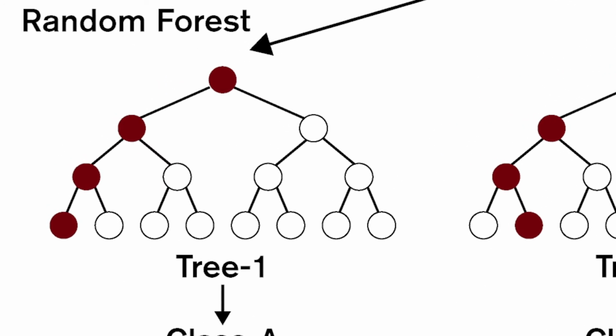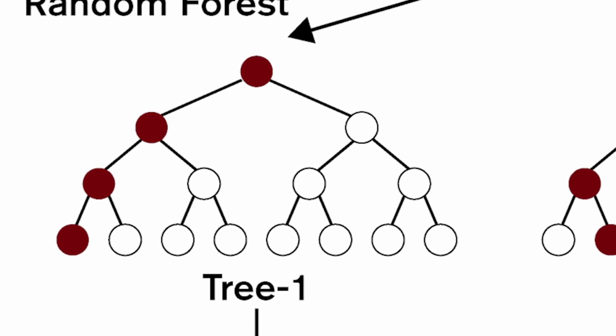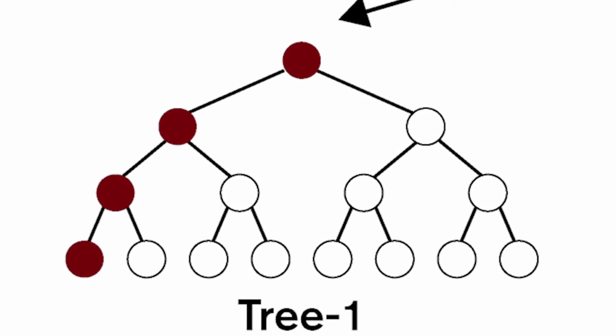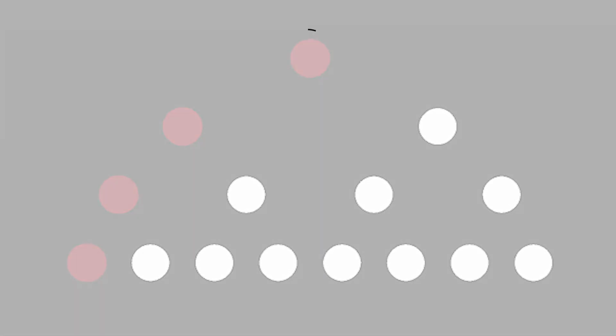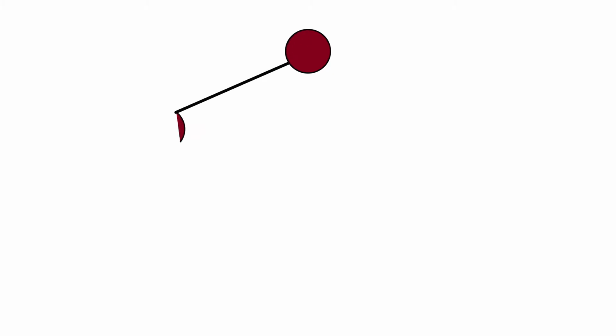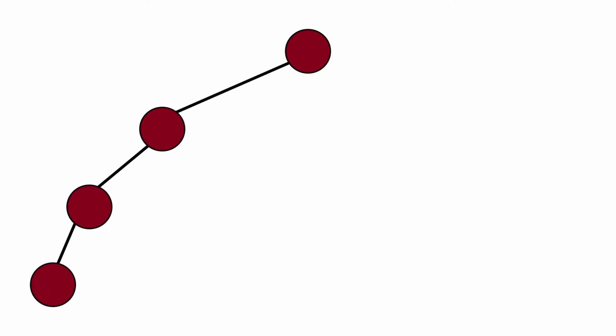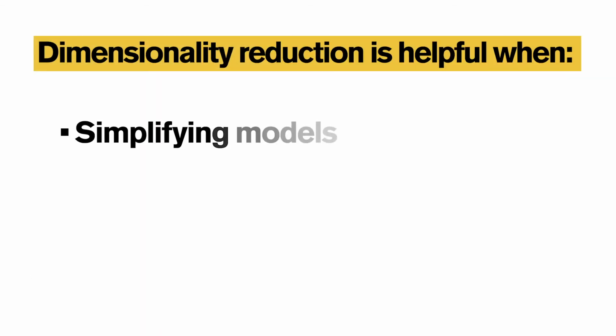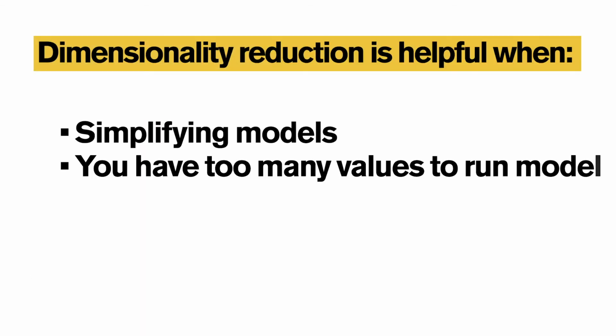And you're almost overwhelmed with how many you have. With a lot of models, you only need a handful of values to really understand or best predict your Y. So in this instance, you take all your X's and boil them down, or reduce them, to a smaller set of features that are important, not necessarily the full picture. This really helps with simplifying your models, or if you've got situations where having so many values overwhelms your computer and you can't run the full model. This is a good example of what to do in those situations to simplify your problem.